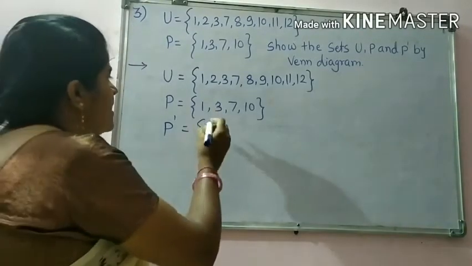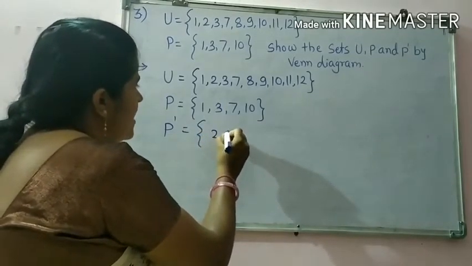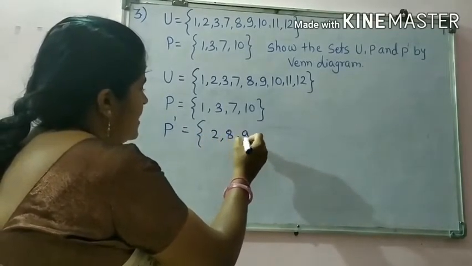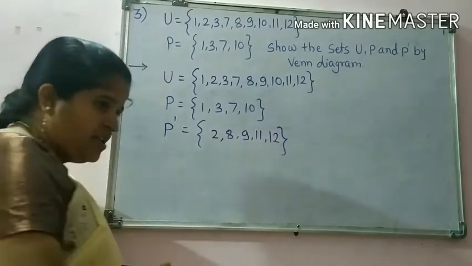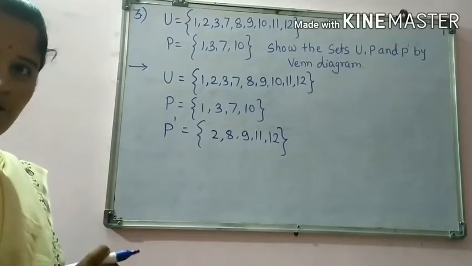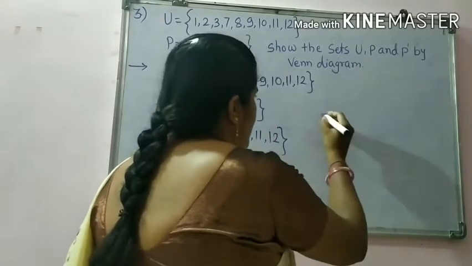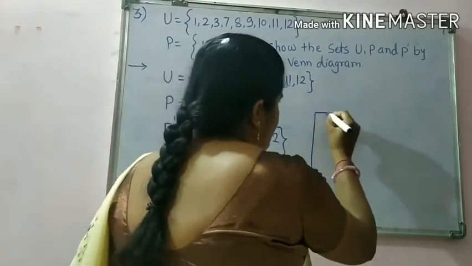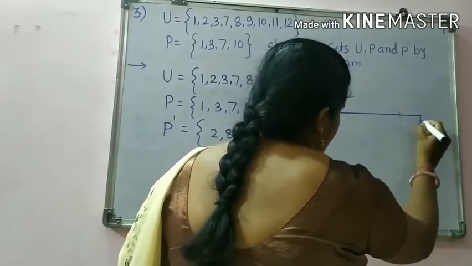So here the elements in P dash will be 2, 8, 9, 11 and 12. Now here P dash is equal to this; these are the elements of the complement of P. Now we shall show this with the help of a Venn diagram. First of all we shall show the universal set with the help of a rectangle.